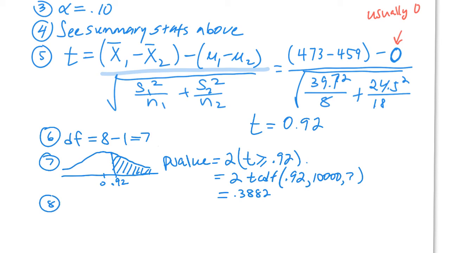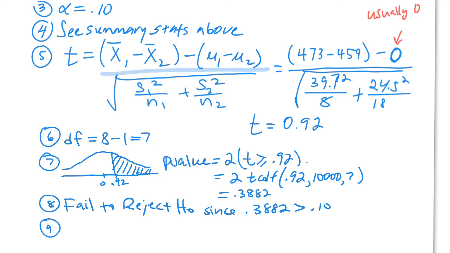Okay, step 8, that p-value is not low, so I'm going to make a fail to reject H0 decision since the 0.3882 is greater than 0.10. And then number 9 is now to write the same sentences from chapter 7. My first phrase is, there is enough evidence.